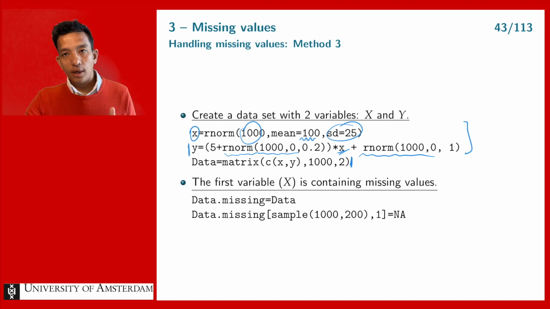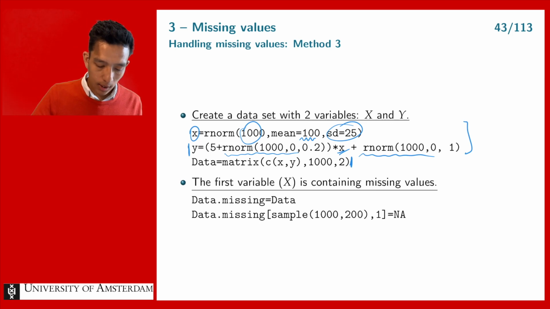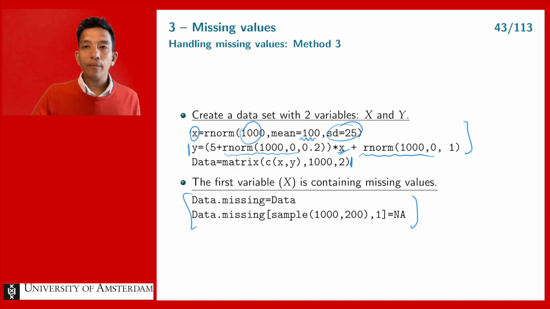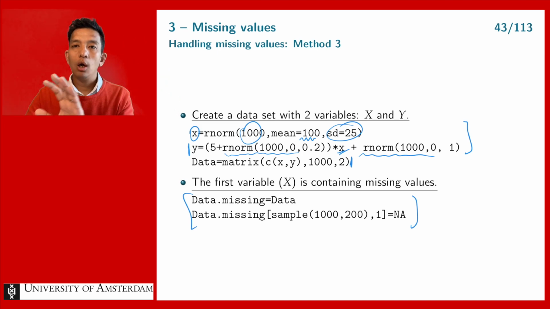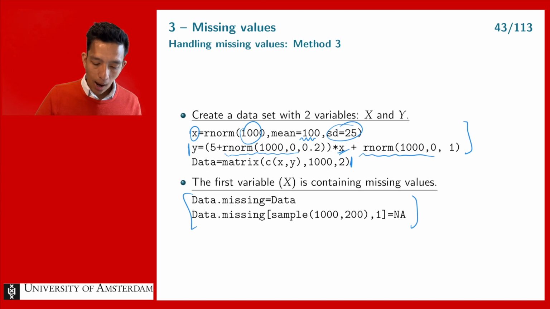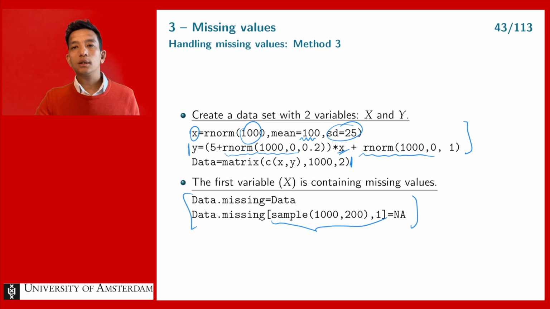So what I'm going to do then is add the missing values. Again, 200 missing values, and in this situation, there are only missing values for the first variable x. So we have x, we have y, x has missing values, but y has no missing values, just to keep things simple. And again, I randomly select 200 observations in my data set, and I say, well, this is a missing value.